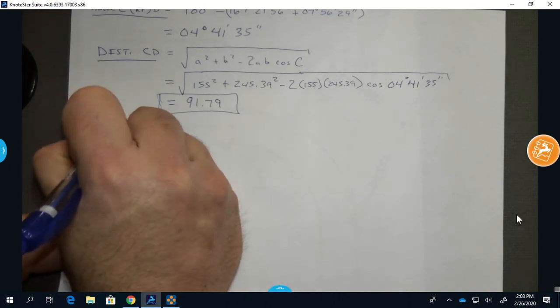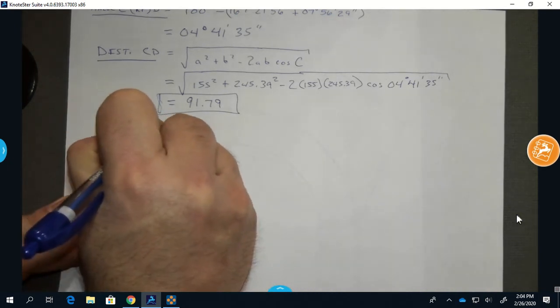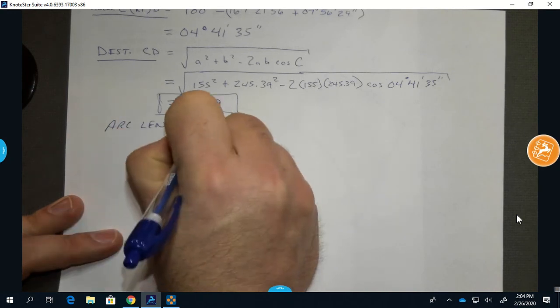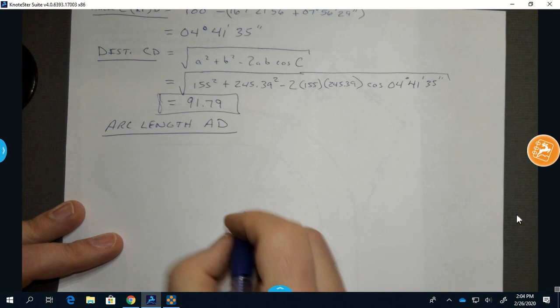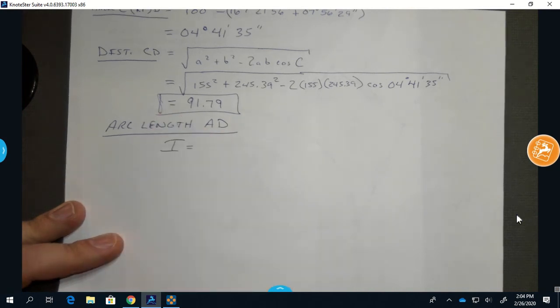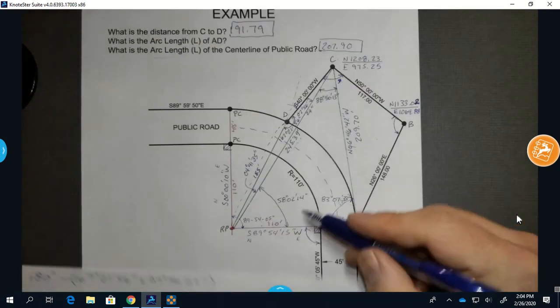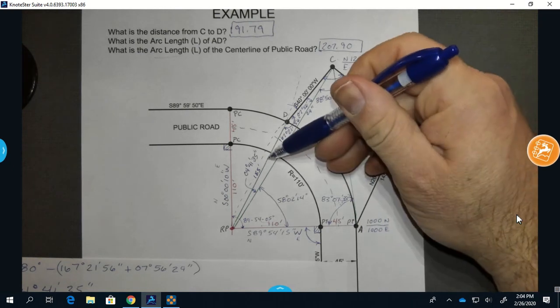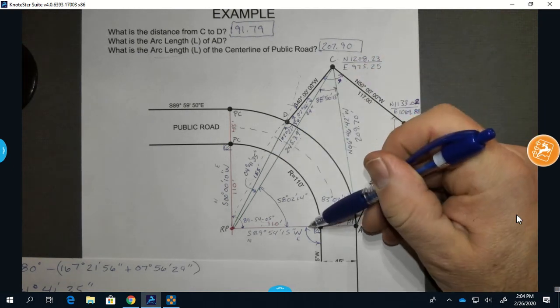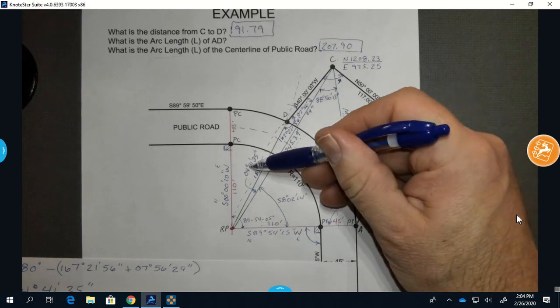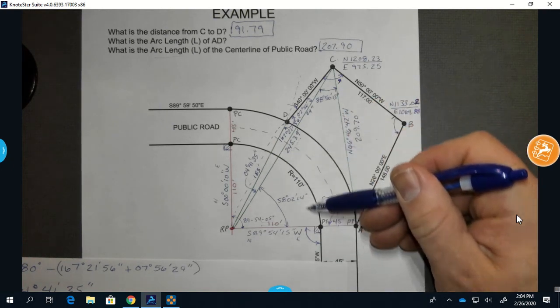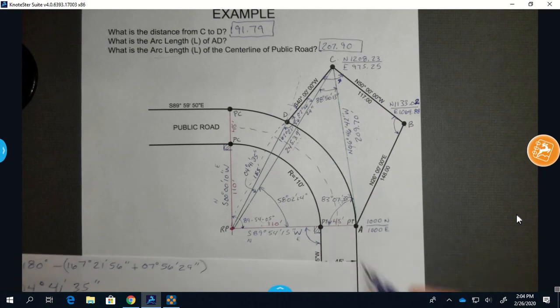We want the arc length AD. Let's solve for I first. How do I solve for I? I is from this line to this line. Well, all I have to do is add this angle plus this angle, and it'll give me I there. So that's what I'm going to do.